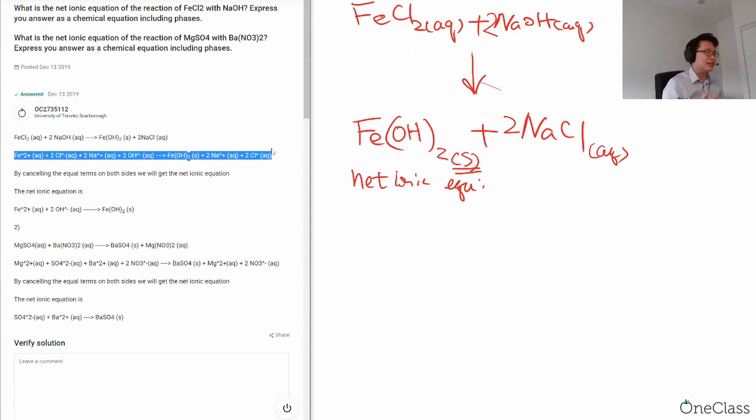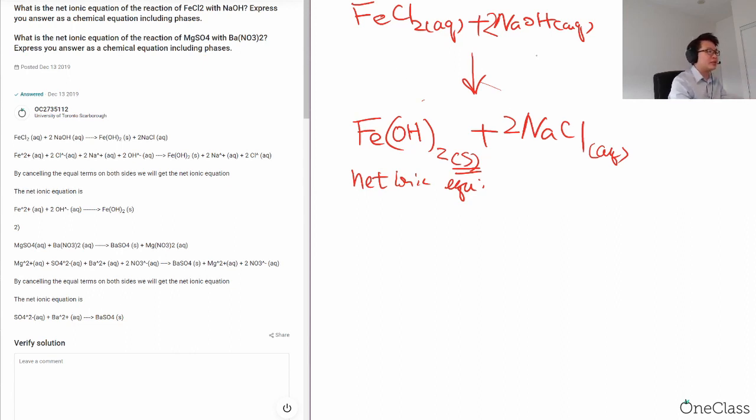You can cancel them out, and then you will have the net ionic equation. This is completely fine. But another, easier and faster way is that when you know the actual reaction, what species is actually reacting, you can just show those ions and the final product, and this will be the net ionic equation.